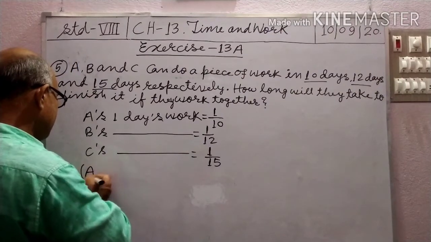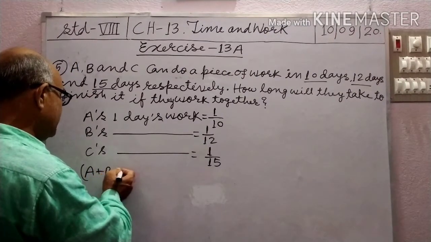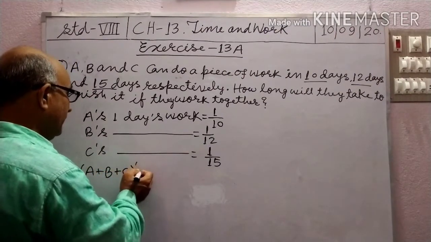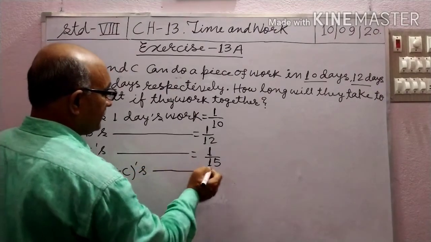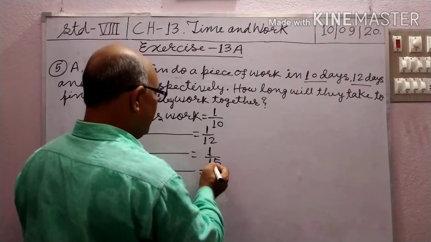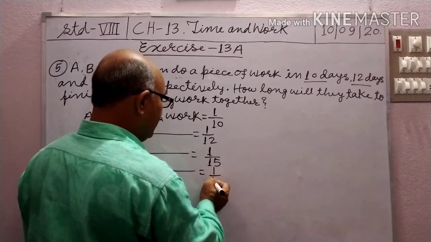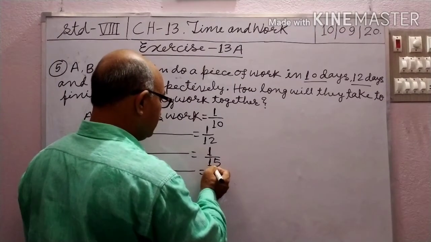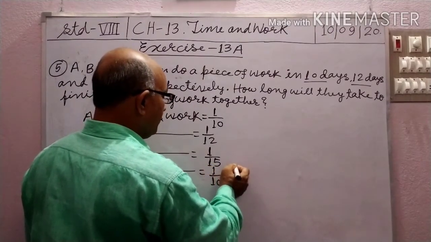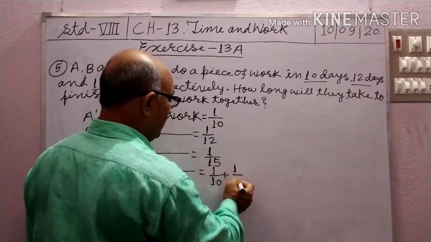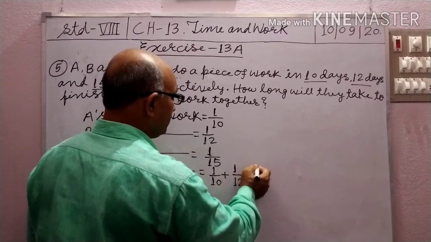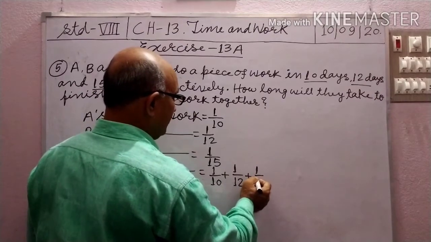So A plus B plus C's 1 day's work is 1 by 10 plus 1 by 12 plus 1 by 15.